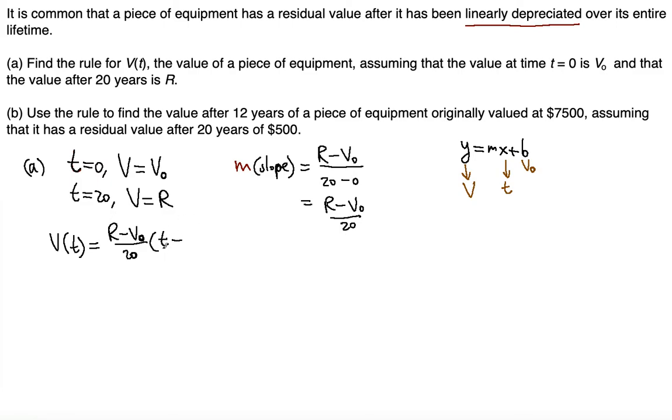I'm trying to use the point slope form, but we don't need that, because we actually know the initial value. The initial value was this.